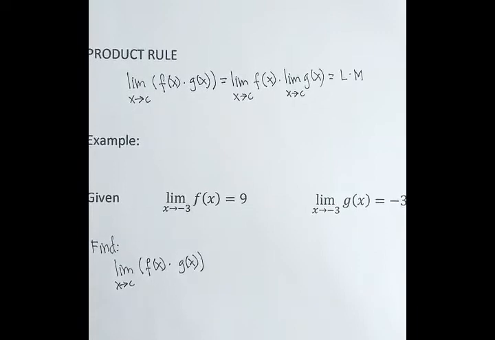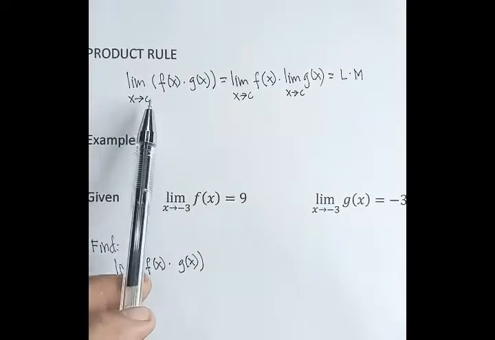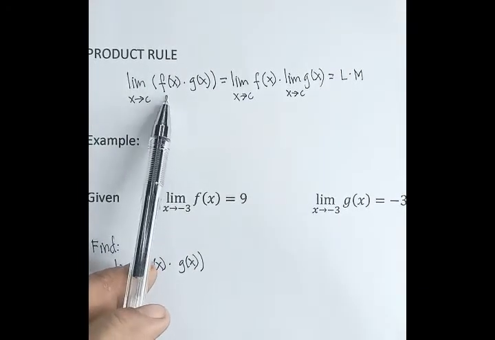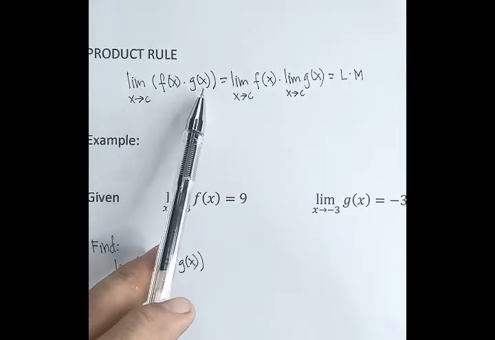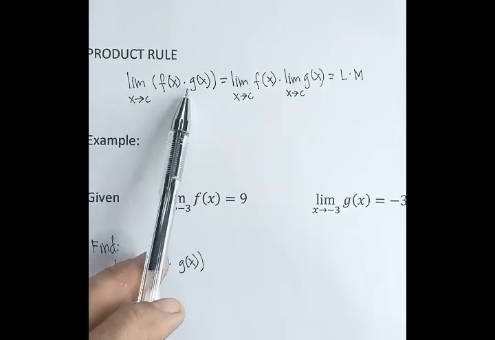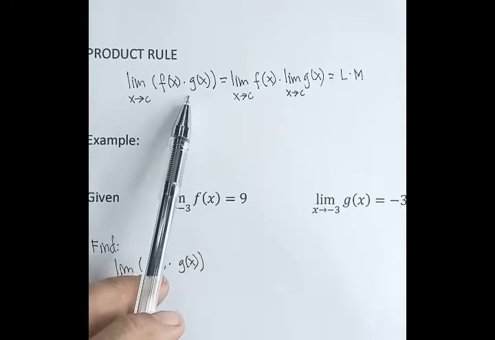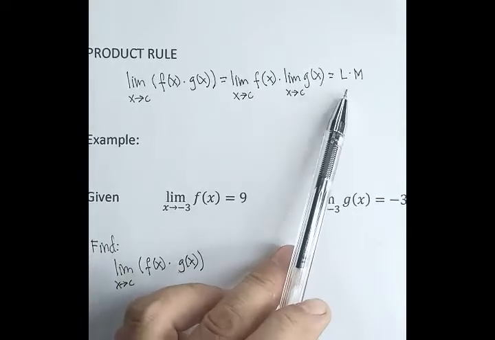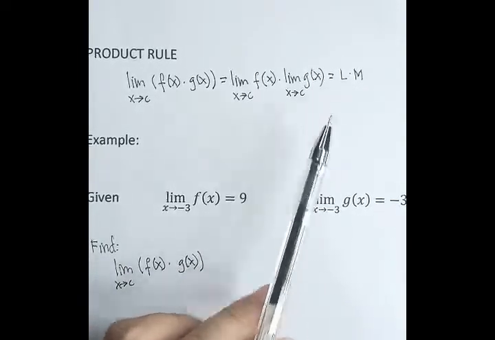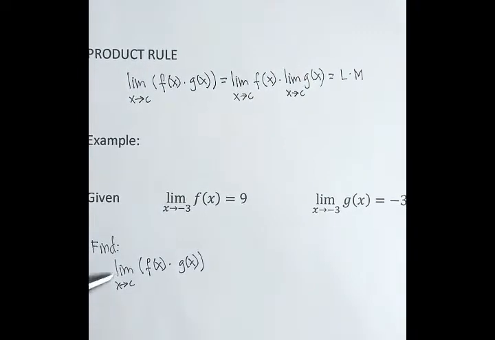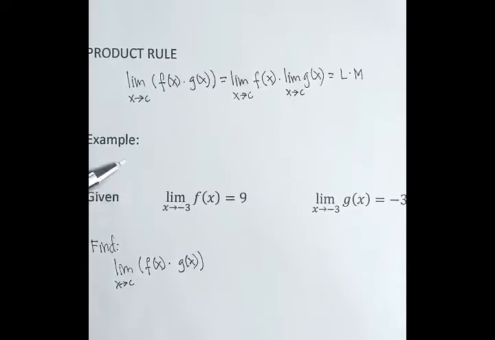For the product rule, again, it is simply the product also of the limits. So if we're given the function of x multiplied by the g function of x as x approaches c, if we will multiply this, we will simply multiply the limits. Say for example, we're given these expressions.